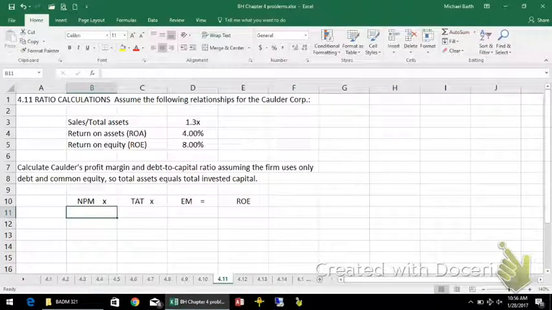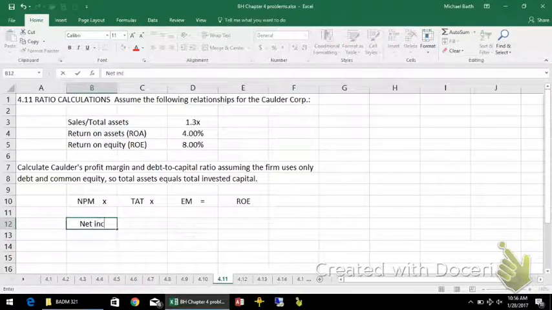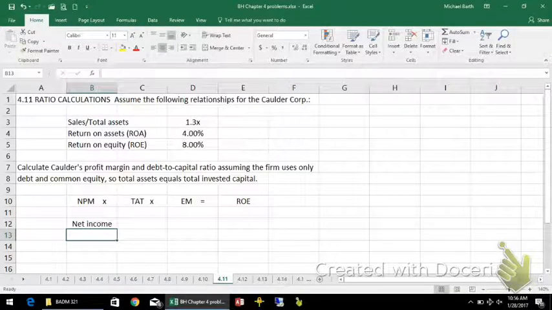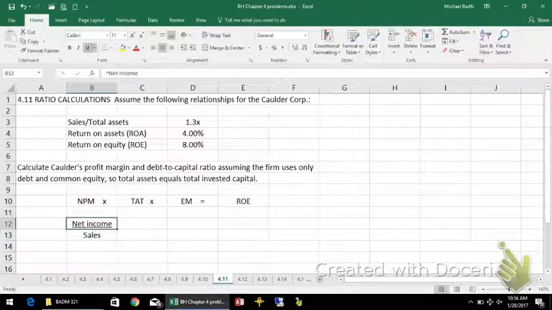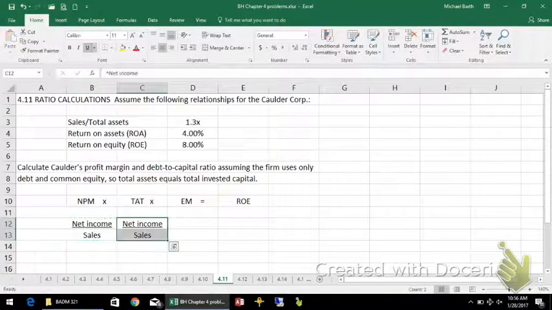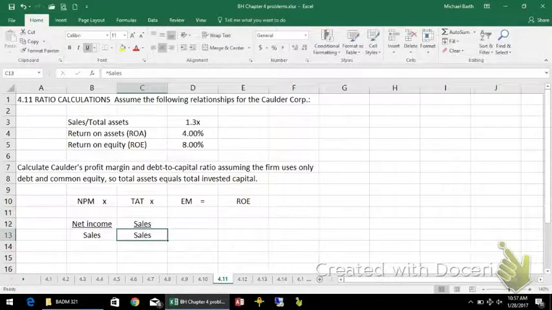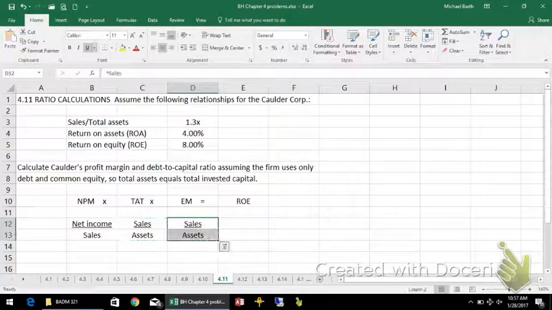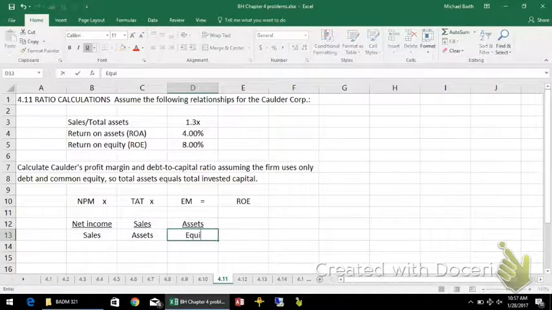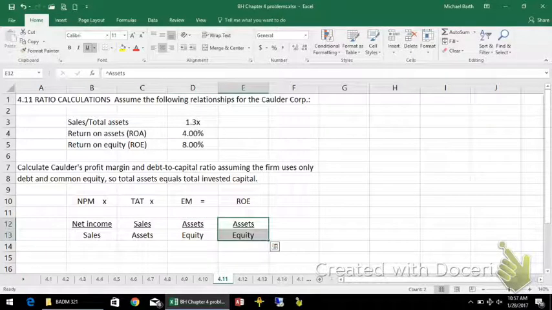So the net profit margin would be net income over sales, the total asset turnover is sales over assets, and the equity multiplier is assets over equity. Multiply those three together, then what you're left with is net income over equity.